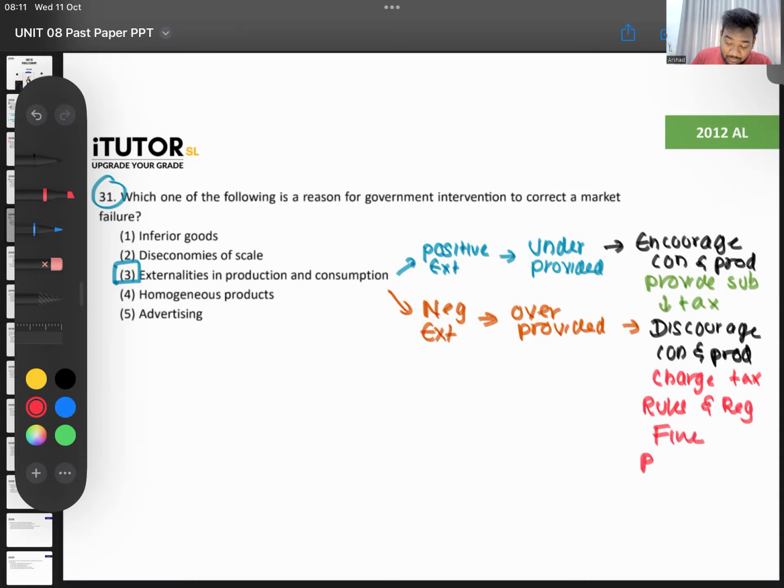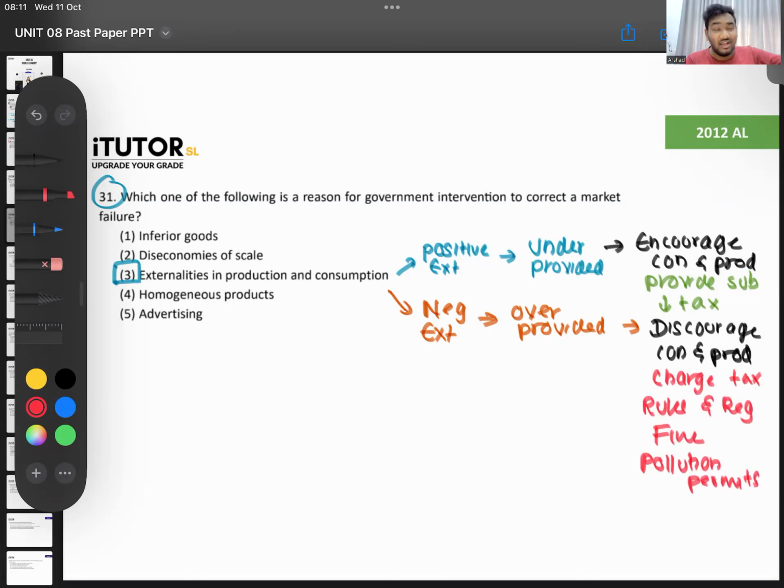Government can give pollution permits. Now, what are pollution permits? There are some industries, guys, where no matter what, there is some sort of pollution. You can't eliminate the pollution at all. So then government will give a permit. Government says, okay, I understand that you can't reduce it to zero.